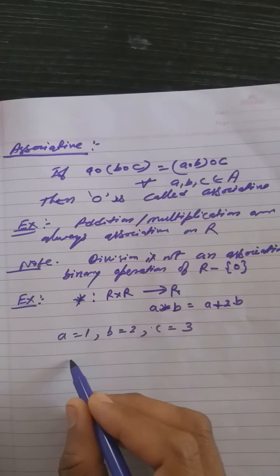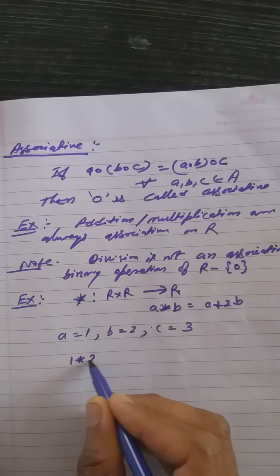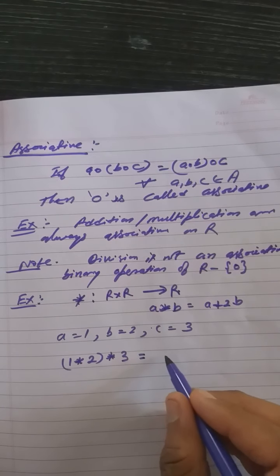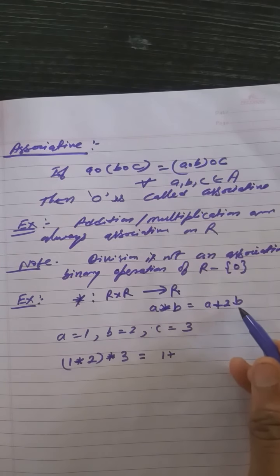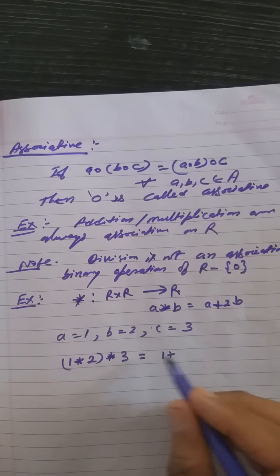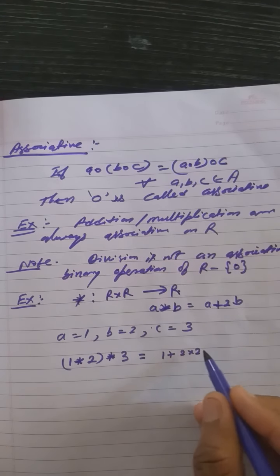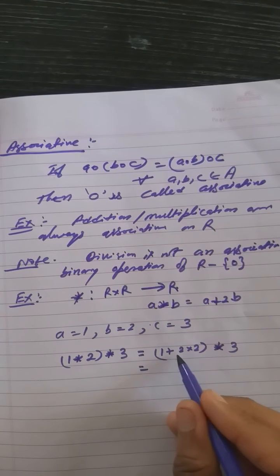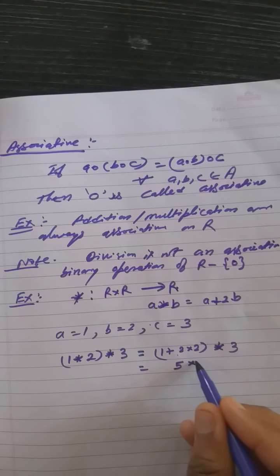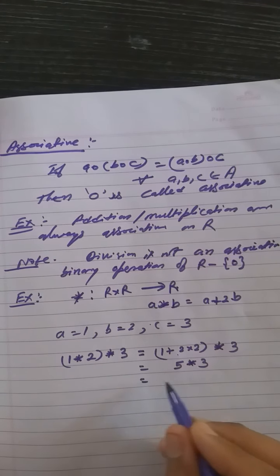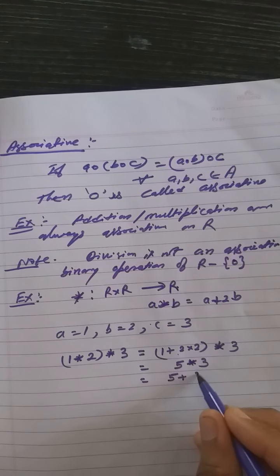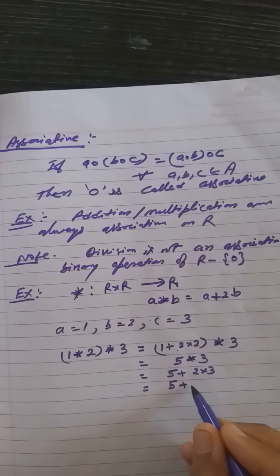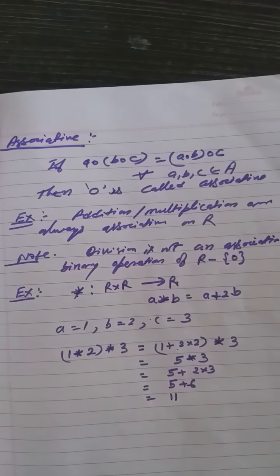Therefore (1 star 2) star 3: 1 star 2 equals 1 plus 2 into 2, which is 5. Then 5 star 3 equals 5 plus 2 into 3, which is 5 plus 6, 11.